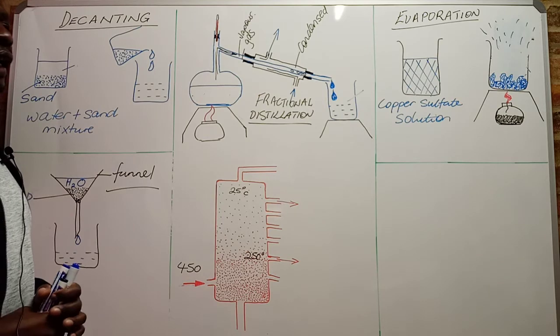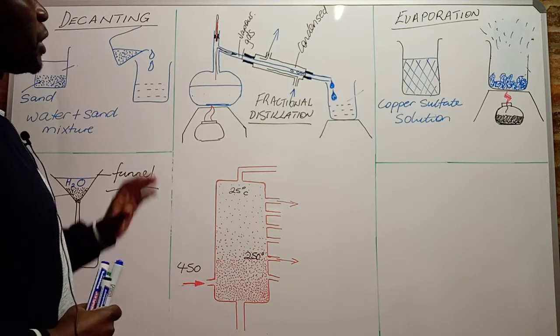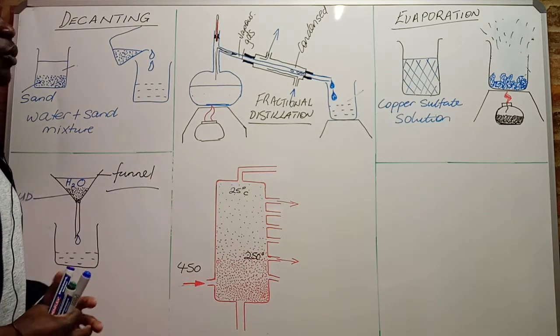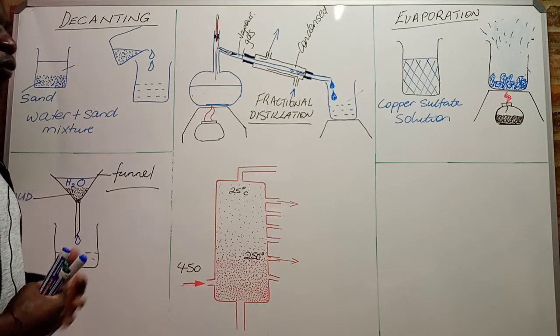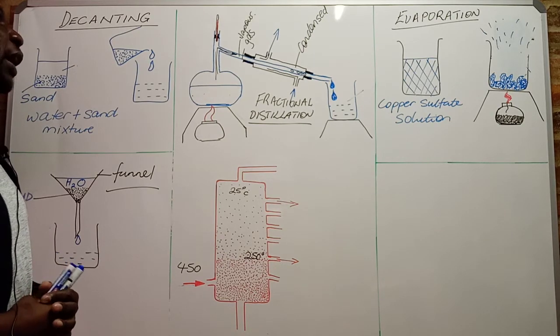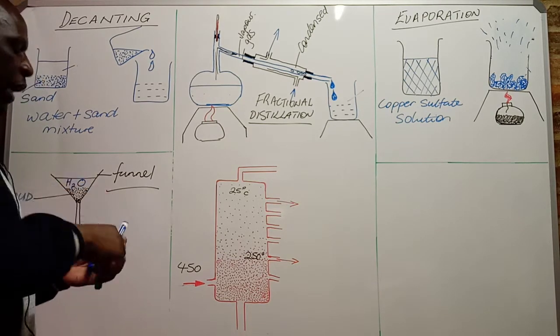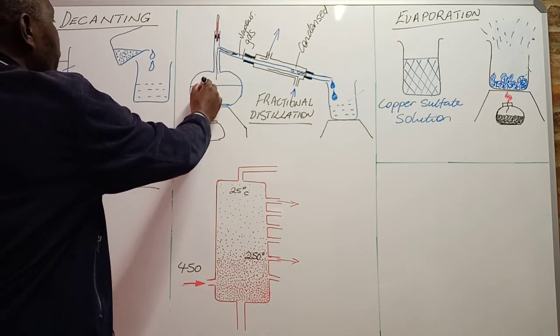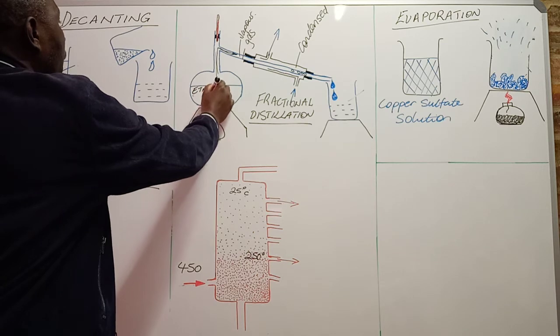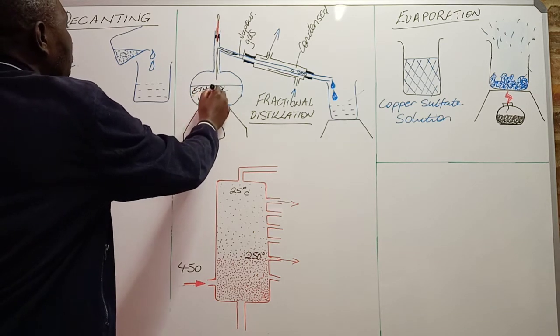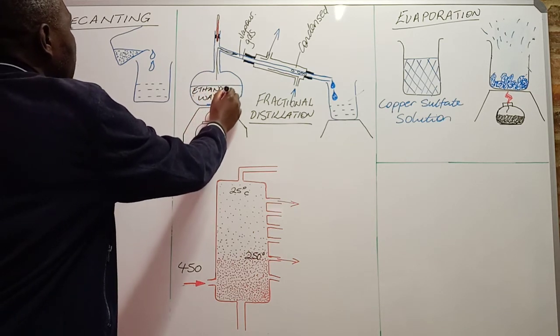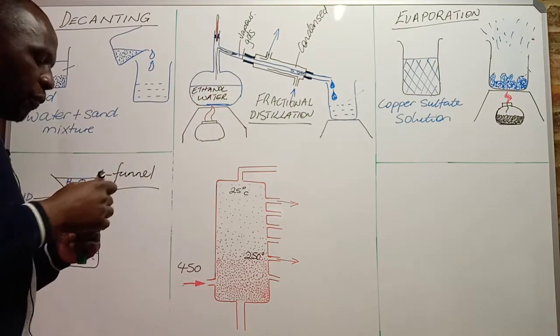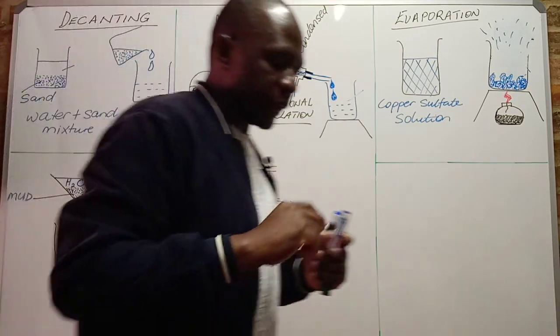Miscible liquids are liquids that dissolve completely in each other. An example is ethanol and water. Ethanol and water is an example of a miscible liquid.